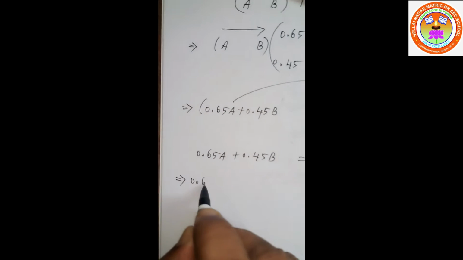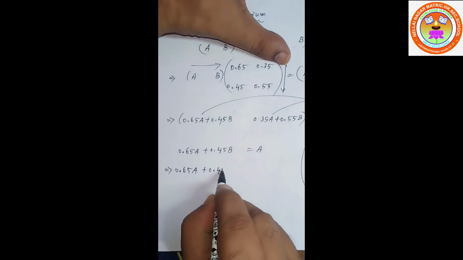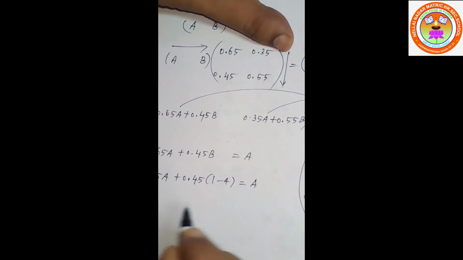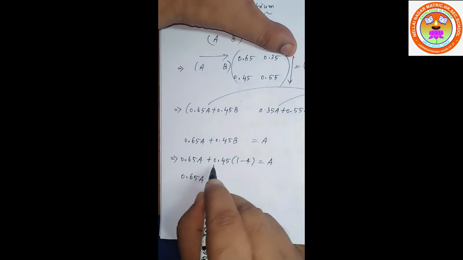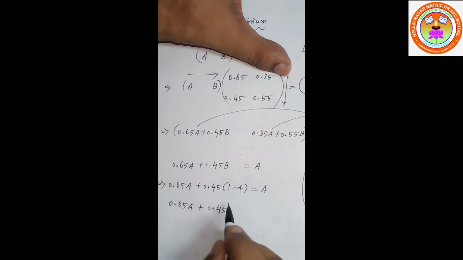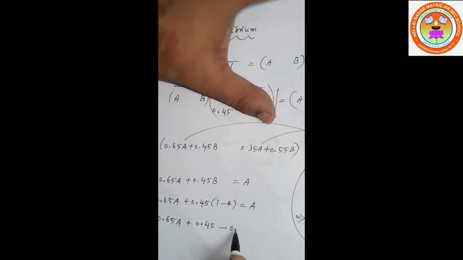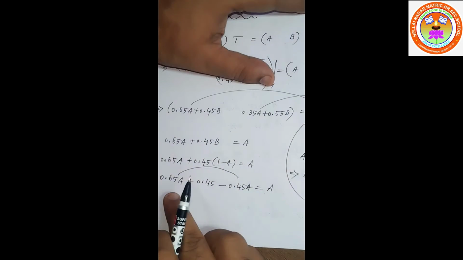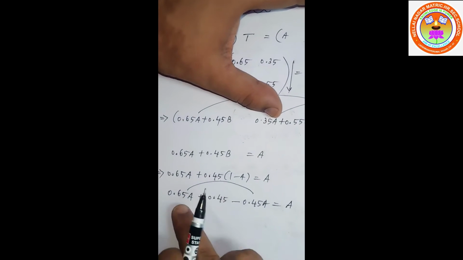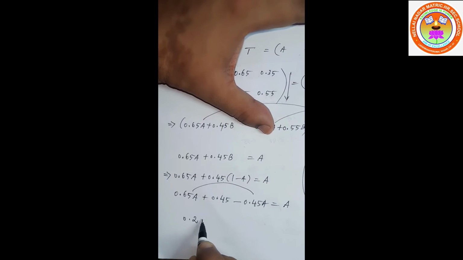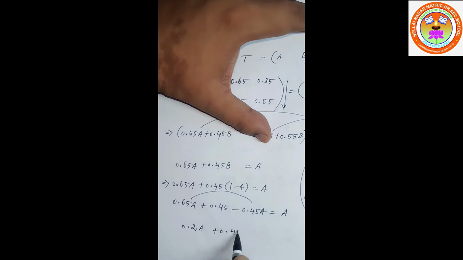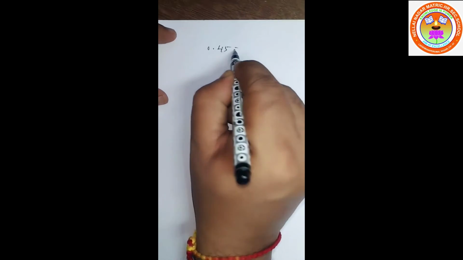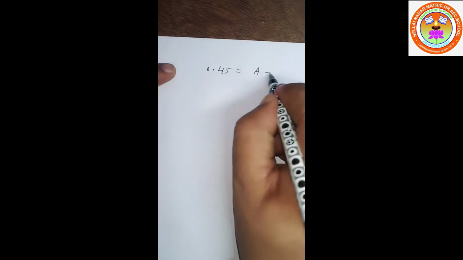Which implies 0.65A plus 0.45B, where B can be replaced by 1 minus A, is equal to A. So 0.65A plus 0.45 into 1 is 0.45, and into minus A gives minus 0.45A, that is equal to A. Subtract 0.65A minus 0.45A, like terms, that is 0.2A, plus 0.45, that is equal to A. I am retaining 0.45 on the left hand side, A on the right hand side, and 0.2A comes to the right hand side as minus 0.2A.